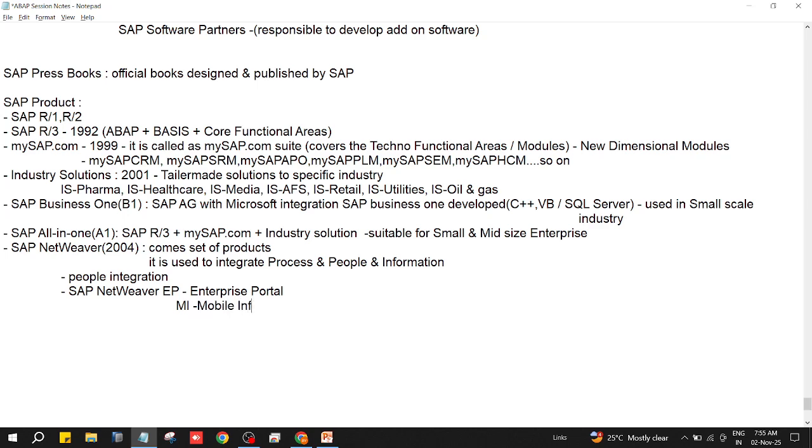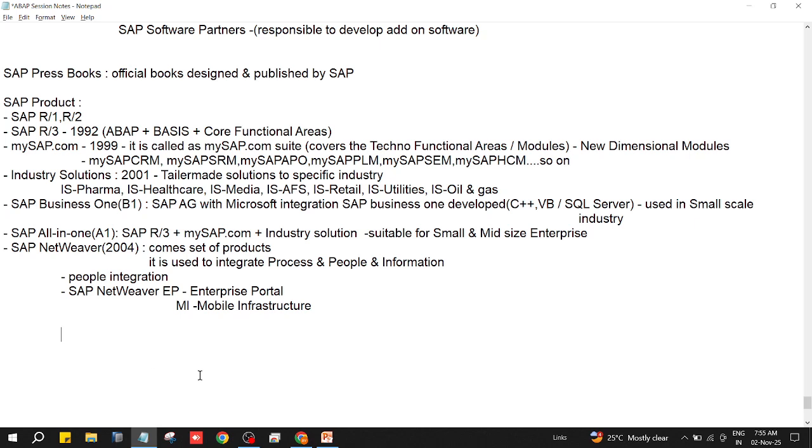Through mobile also you can integrate. Initially SAP started at the mobile level too, but in the initial stage it was not app development. The app concept was integrated later. At the NetWeaver level, EP and MI came first. So people can connect via portals and via mobile.